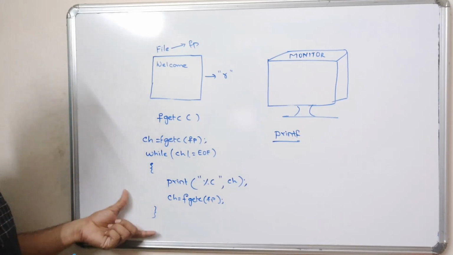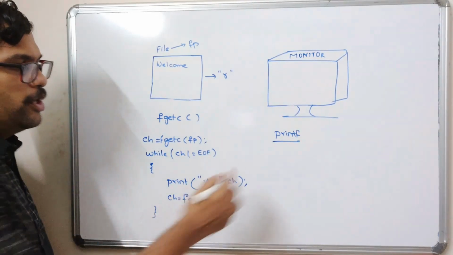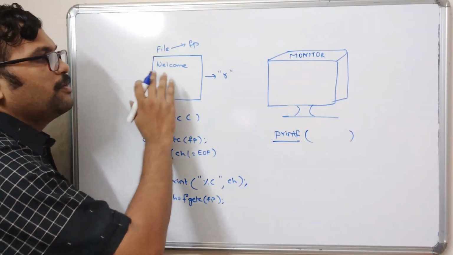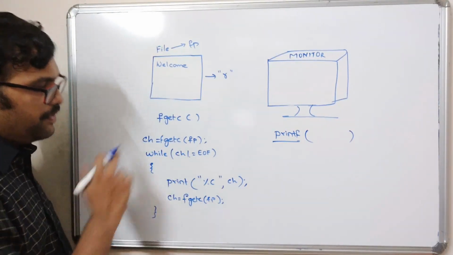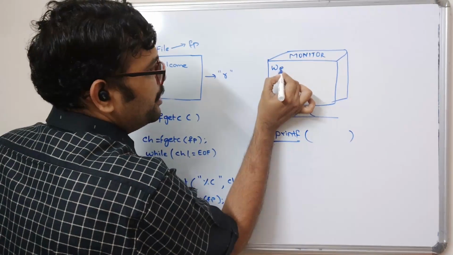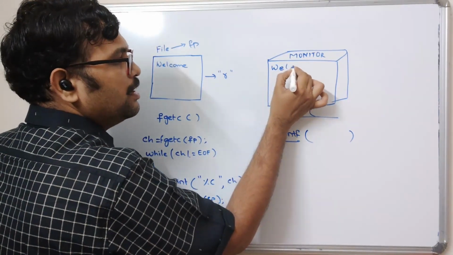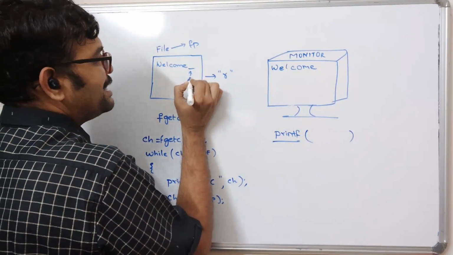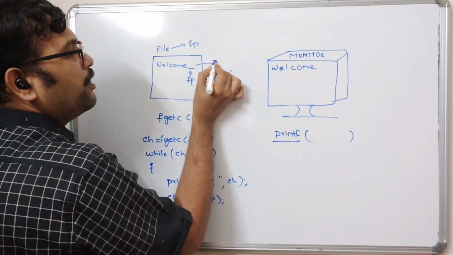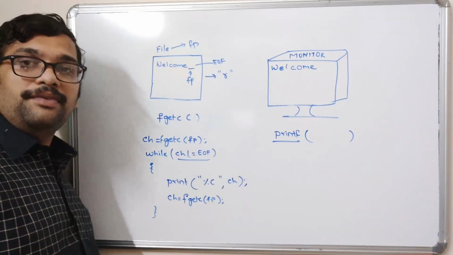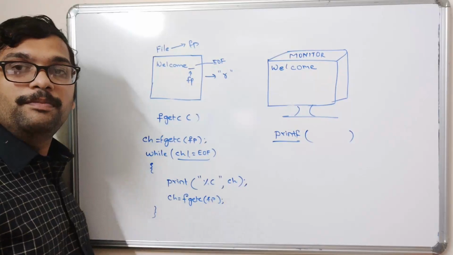By using this printf function we print the data coming from the file. In the first iteration W will be displayed, in the second iteration E, in the third iteration L, C, O, M, E. Whenever the file pointer reaches here, this is end of file, so this condition becomes false and the loop is terminated.